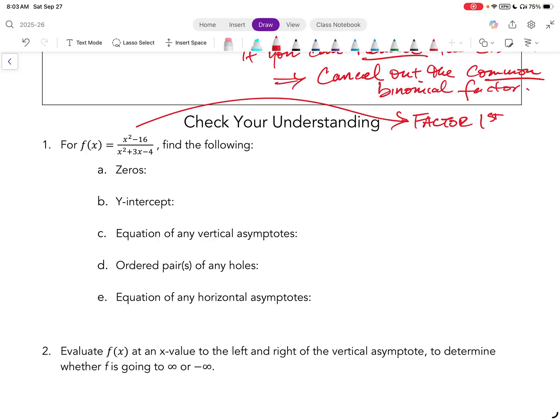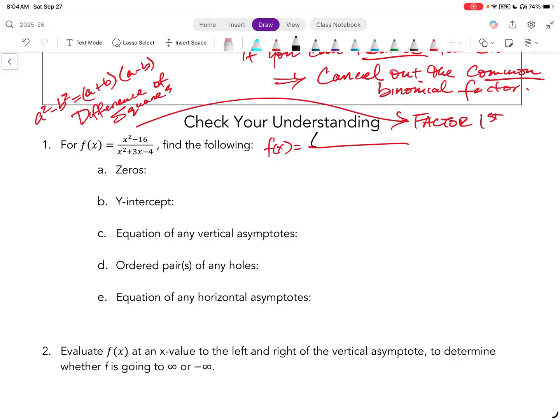So the first thing you do is you factor. So f of x now is going to be x squared minus 16, that's called a difference of squares. This is an algebra 1 thing that you started learning a long time ago. A squared minus b squared is equal to a plus b times a minus b. So this one here is x plus 4 times x minus 4.